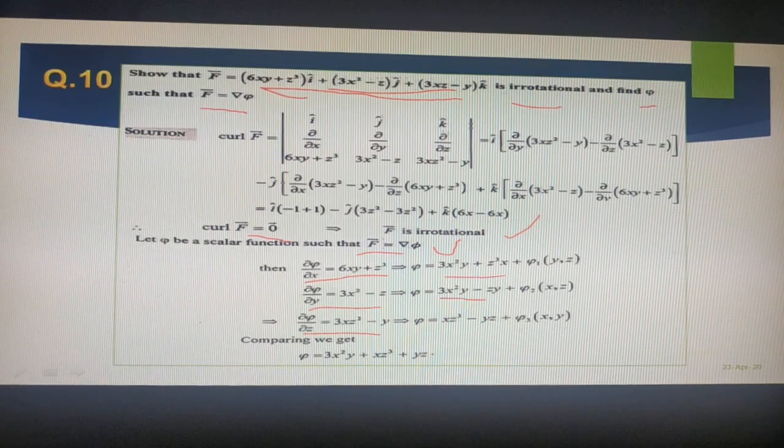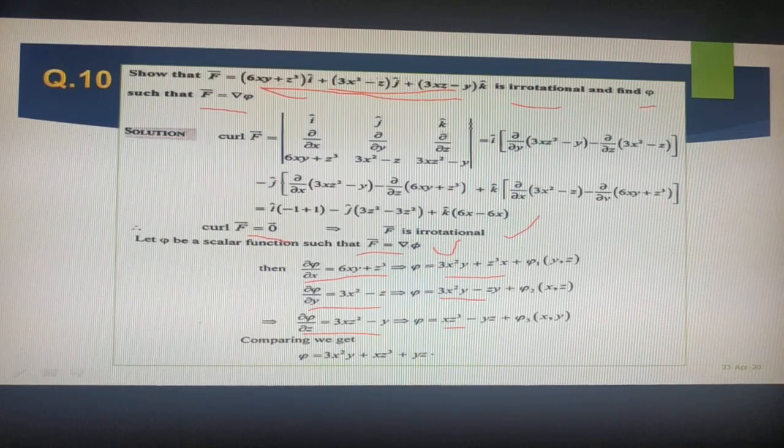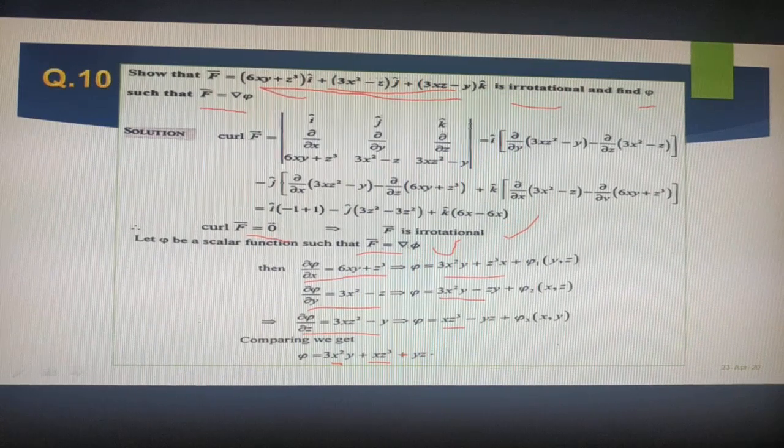Here, make sure that we take the terms but we should not take those terms repeatedly. So 3x square y is one time, okay, plus z cube x; here x z cube and z cube x both mean the same thing, so we'll take it once, and plus yz, actually it is minus yz, so write down minus yz here.